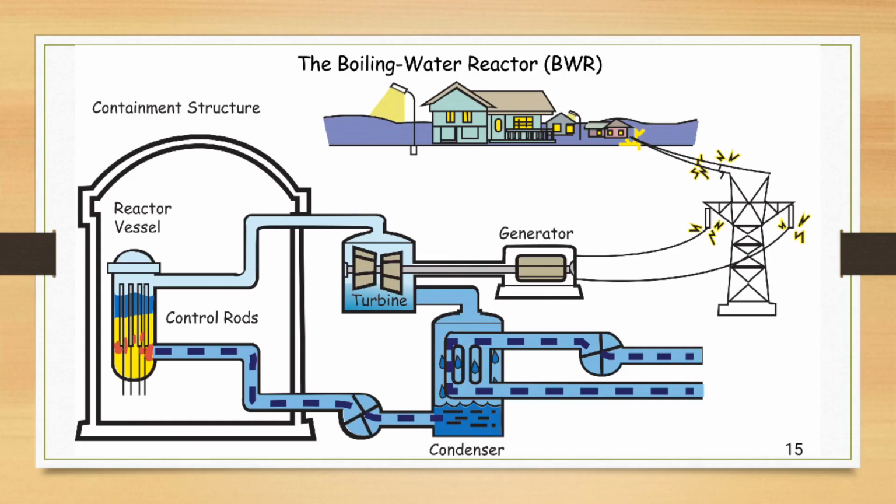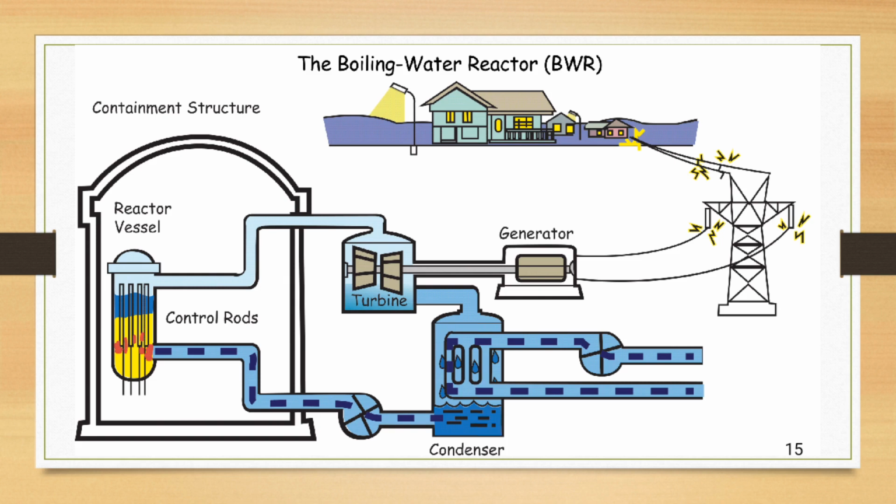This is the whole simple diagram showing the boiling water reactor. Here is the reaction vessel that has control rods in it and the fuel elements placed. The water is present as coolant and moderator, and it is heated here to form steam.